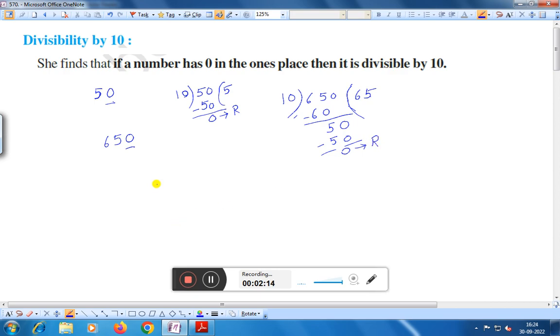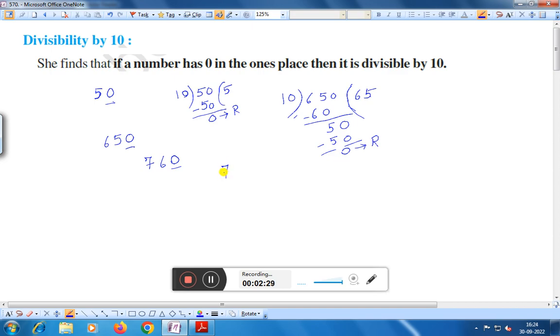Now if we take another example, suppose the number is 7, 6, 0. Here in the ones place it is 0, therefore it will be divisible by 10.